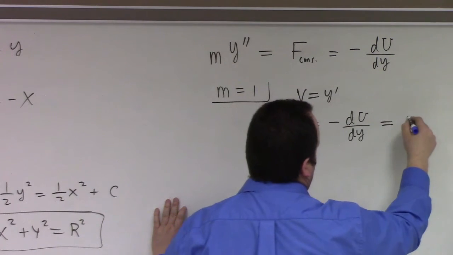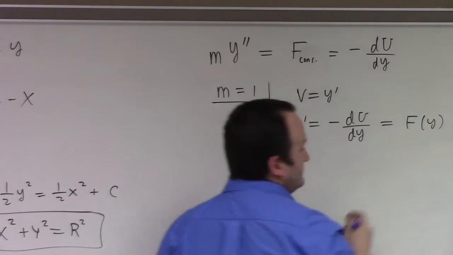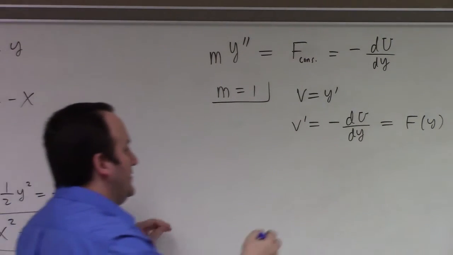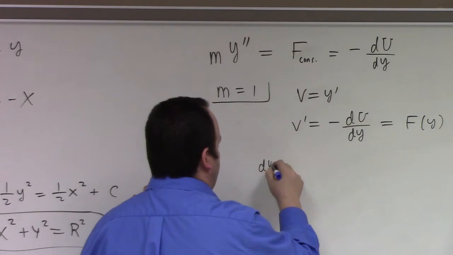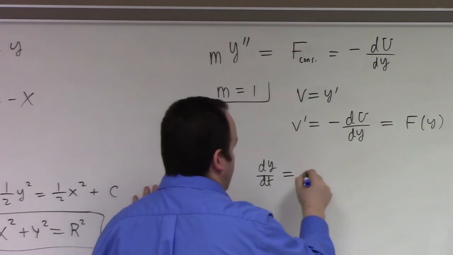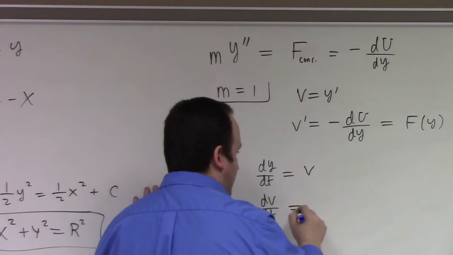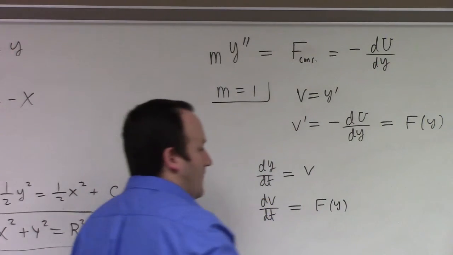Which is, by the way, just the force. The force is, in fact, just a function of y, right? It's a conservative force. It's not a function of time, right? So when you look at the system of equations we have here, we've got dy/dt equals v, and we've got dv/dt equals the force as a function of y, right?